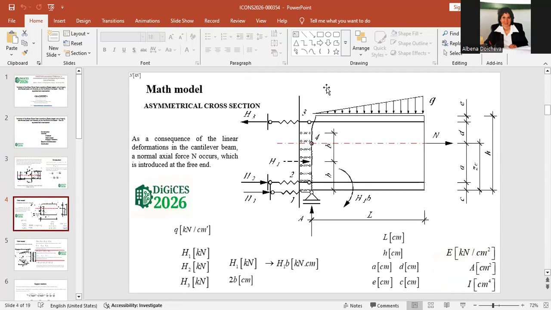We will try to find these support reactions. H1 is the support reaction which is the resultant force of small springs which model the concrete between beam and column. H2 and H3 are support reactions on the reinforcement bars.